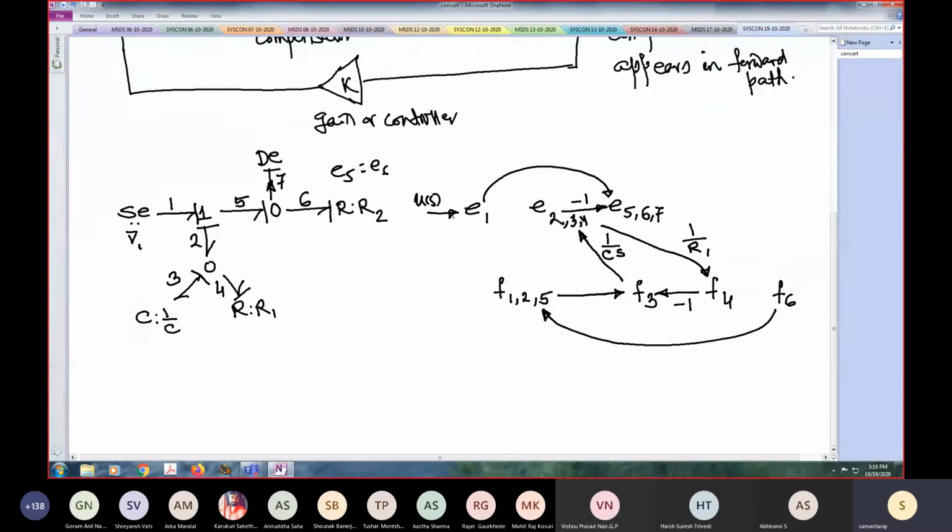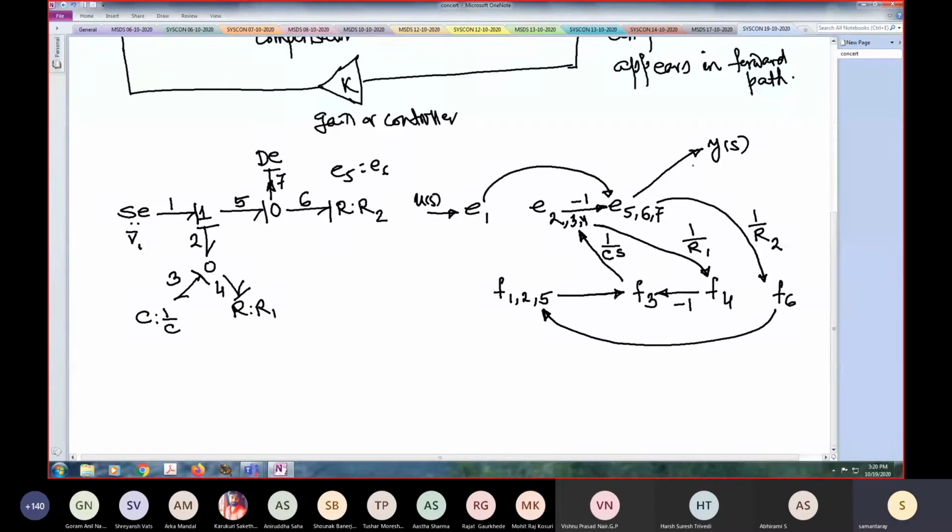From E6, we calculate F6. So this is from here, 1 by R2. What is the output? Output is E7, which is this one, YS. So this is our signal flow graph.